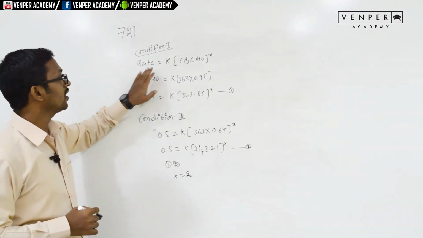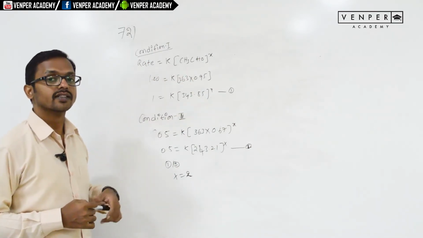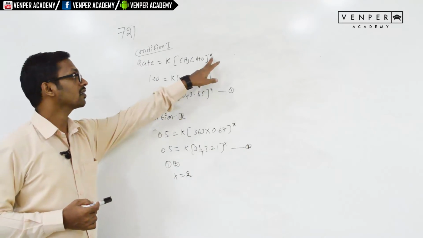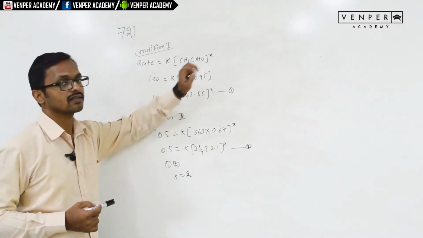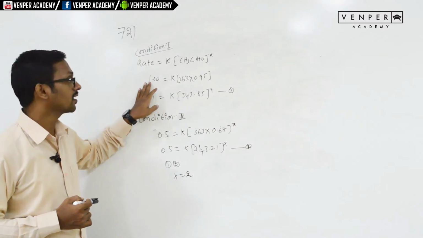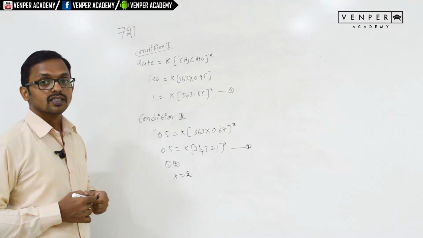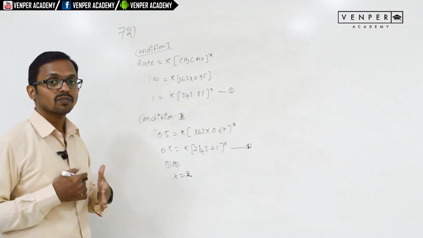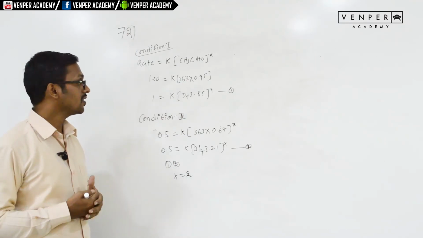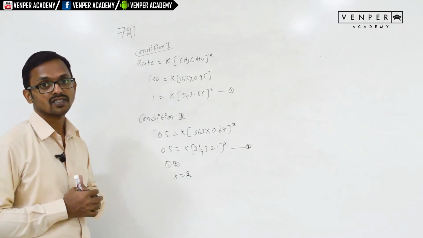For condition 1, rate is equal to rate constant into concentration of the acetaldehyde at time t, and the order with respect to acetaldehyde is x. Let's assume that. Now the rate in condition 1 is 1, that is equal to K into the concentration, or nothing but the pressure at time t. 5% reacted means 95% is there.